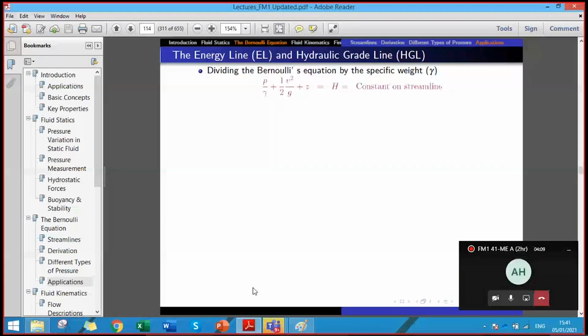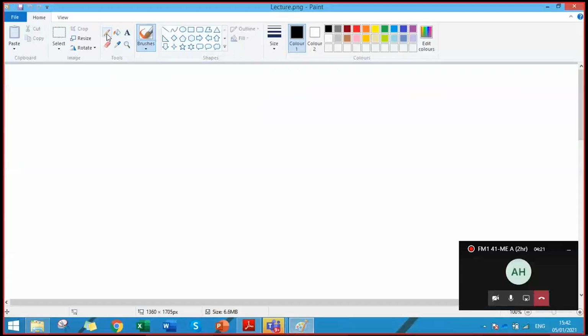So today we are going to discuss another important topic related to the Bernoulli equation, that is the energy line and the hydraulic grade line. First of all, we need to understand the head form of the Bernoulli equation. We know that the Bernoulli equation is P plus half rho V square plus gamma Z equal to constant.